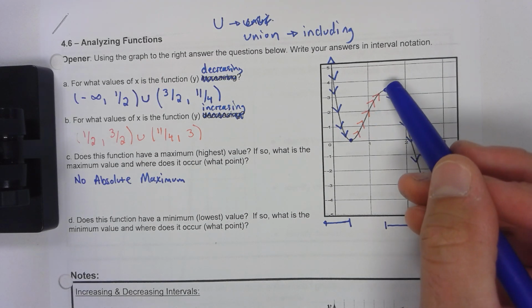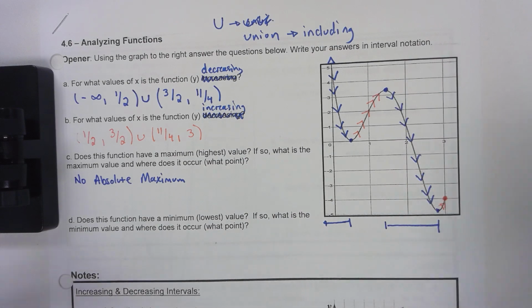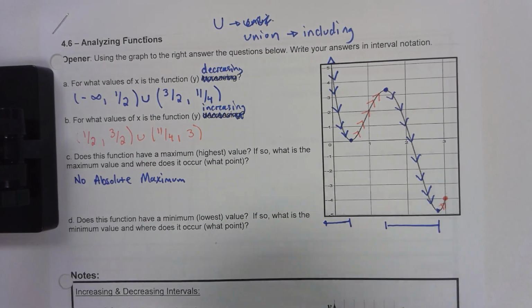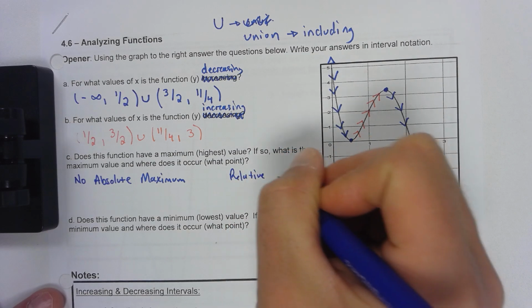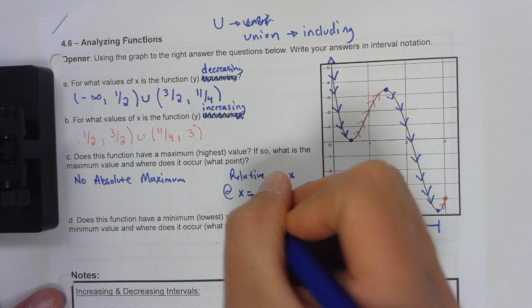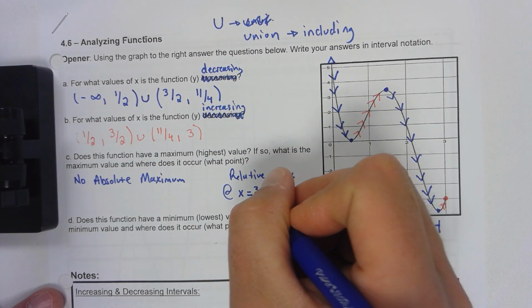Okay, so if you're standing on top of a hill, right, we can picture that if we were standing here, right, we're at the very top of that hill, that's considered a relative maximum. Okay, so relative maximum at x equals, we call that value what, 3/2?